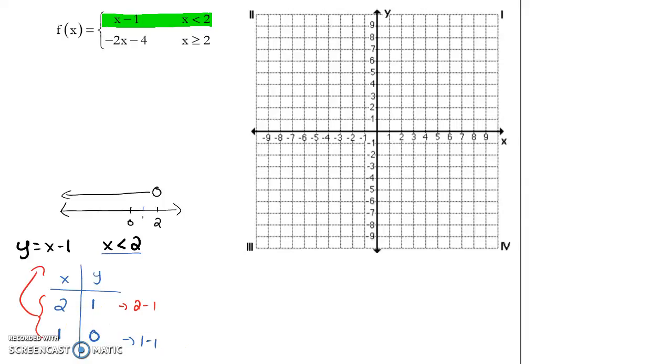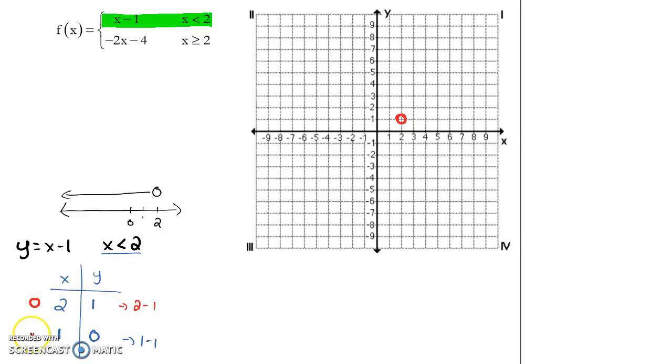I have 2 ordered pairs. The next major thing is how to handle an endpoint, like 2 is my endpoint. At 2, 1, I'm going to plot an open circle, because it is not included in the inequality.